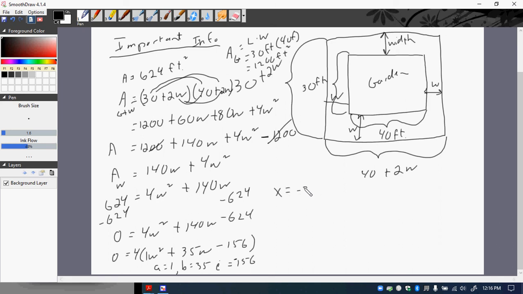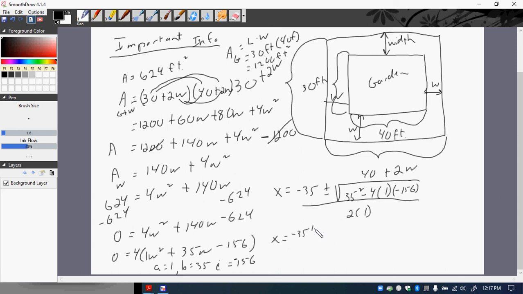So that's negative 35 plus or minus the square root of 35 squared minus 4 times 1 times negative 156, all over 2 times 1. Let's simplify that.